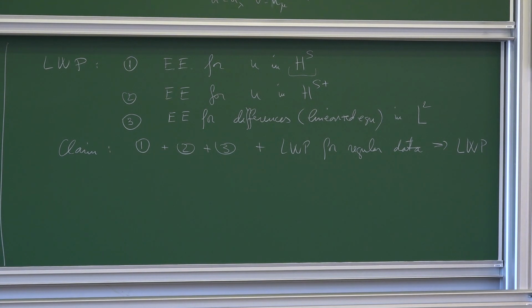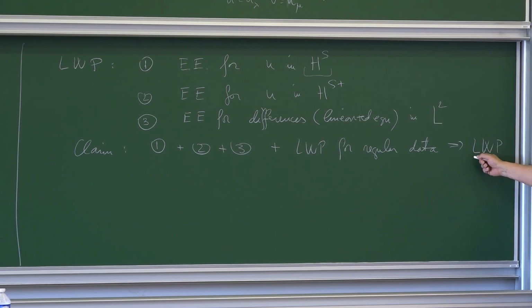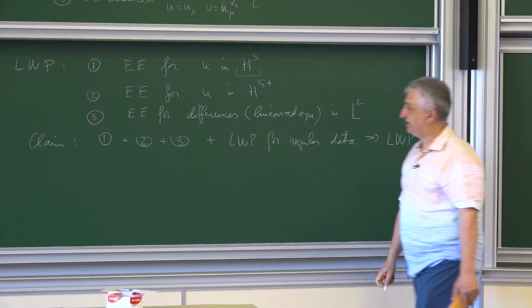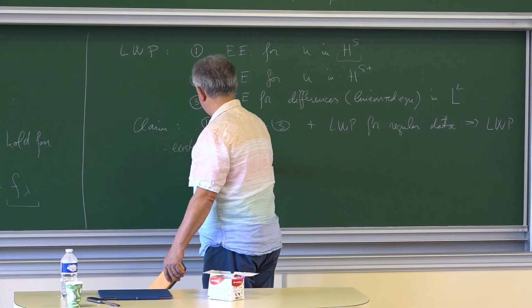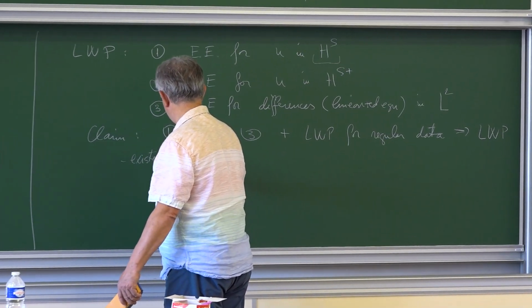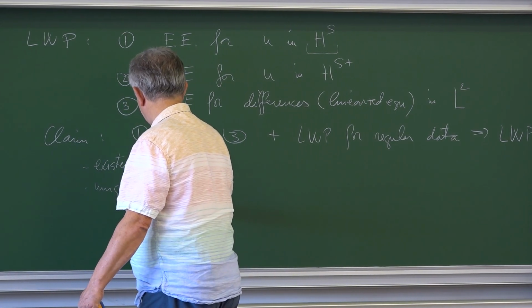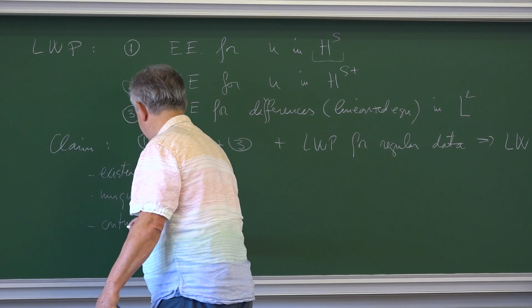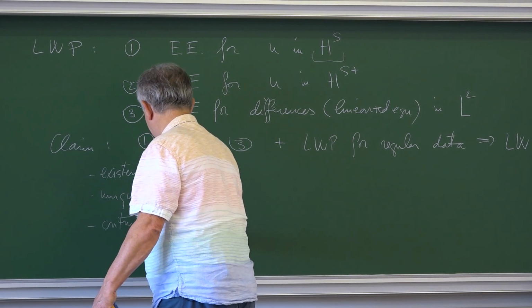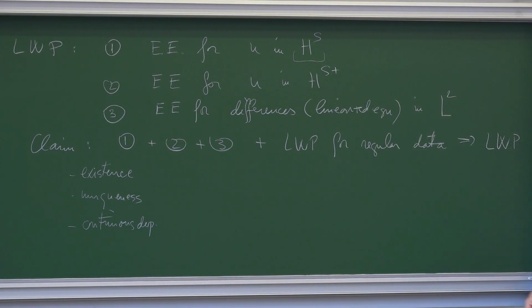And so there's a little bit of a story to tell in here. Remember, this local well-posedness is a quasi-linear kind of local well-posedness. So you want to get not only existence and uniqueness, but you also want to get continuous dependence of solutions on the initial data.